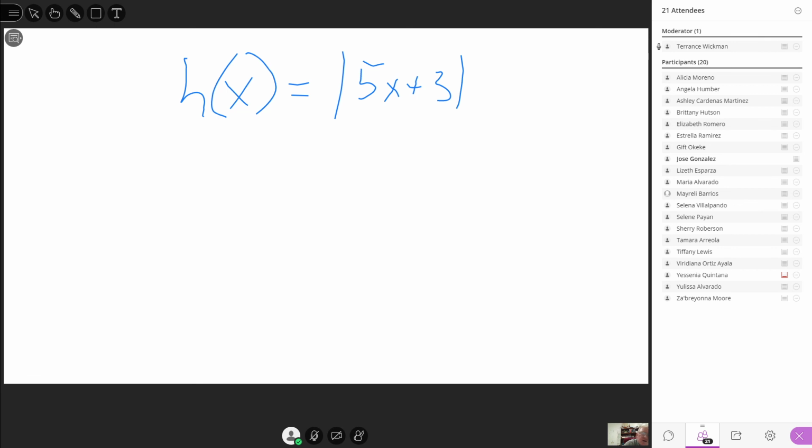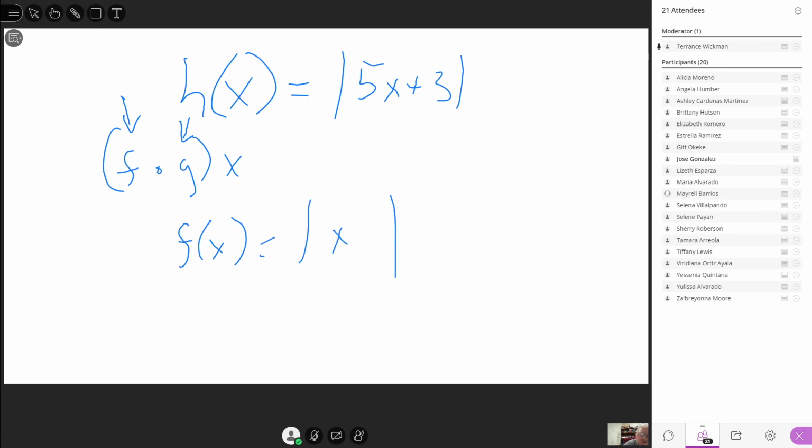They wanted you to do an f of g of x function. That means you have to have two functions, an f function and a g function. The f function in this case comes first. So f of x is going to equal the absolute value of x, just like that. The g of x function is going to be whatever we're going to put inside it, which is 5x plus 3.